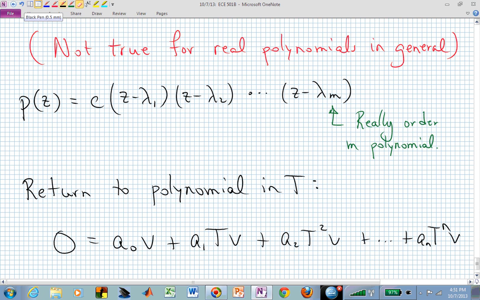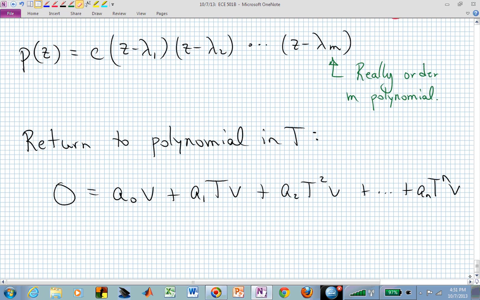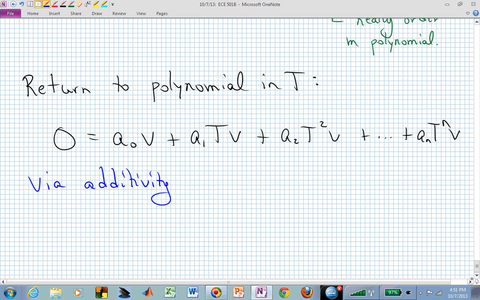That's just my vector, my non-zero vector. Now, once I have this, I can start playing with additivity, homogeneity if I want to. Via additivity, I can factor out that vector v. That's what I want to do, and just isolate the polynomial in T, essentially.